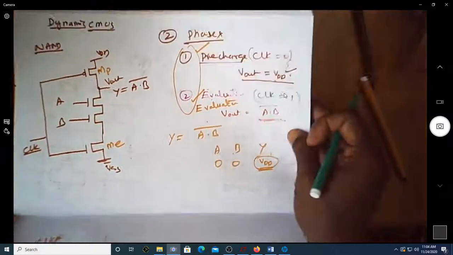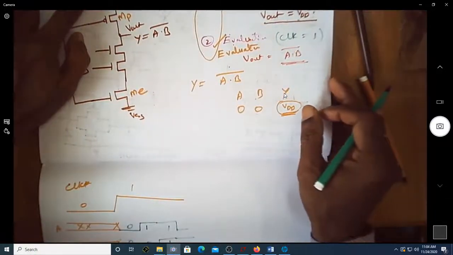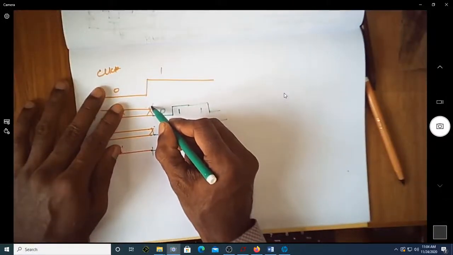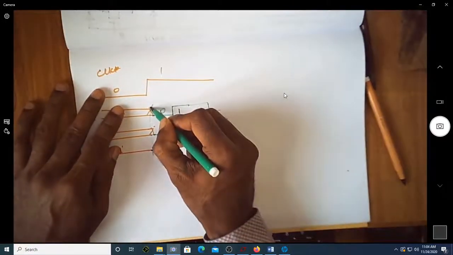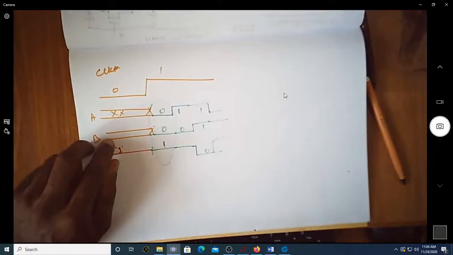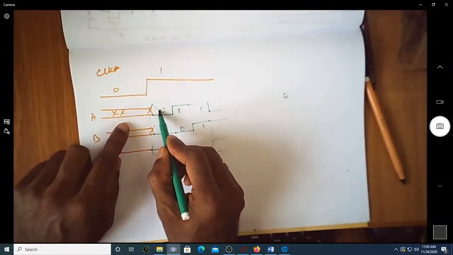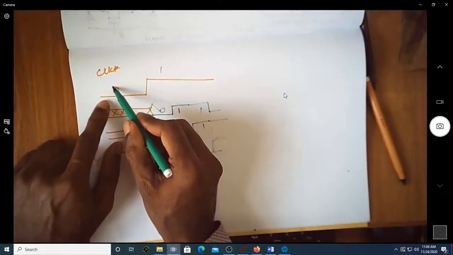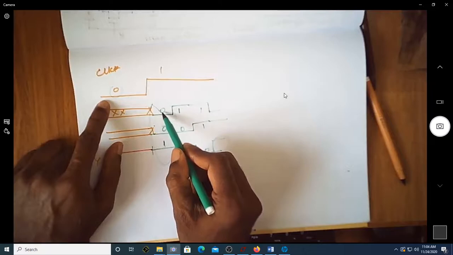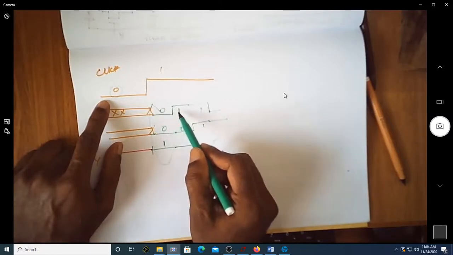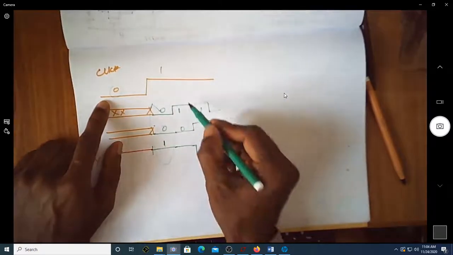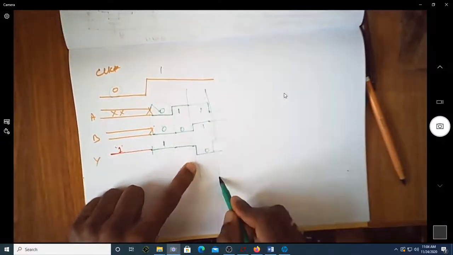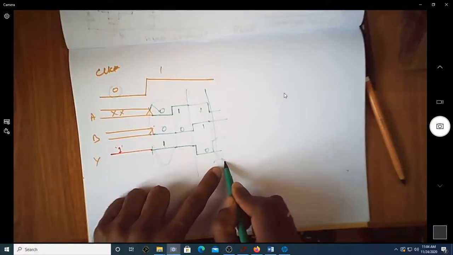So what is very important in dynamic CMOS is that, if you want to find the output for a given combination, you have to always do a pre-charge and evaluation. Here you can see we have pre-charged once, and I'm trying to do the evaluation of this and this simultaneously. Till this point it was fine, I was getting the expected value, but over here it is not coming.